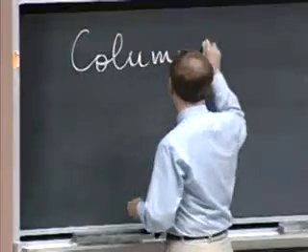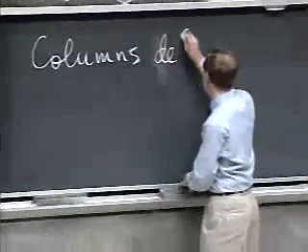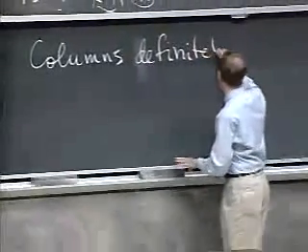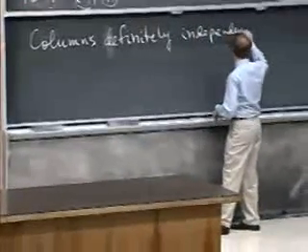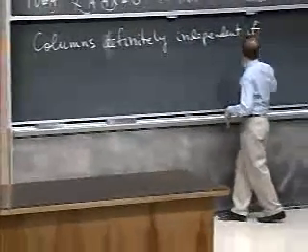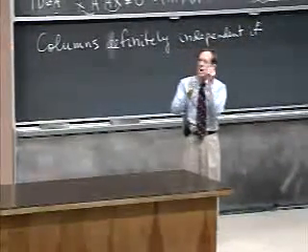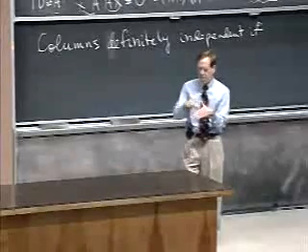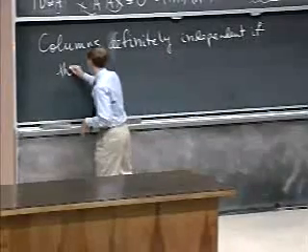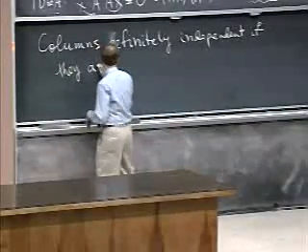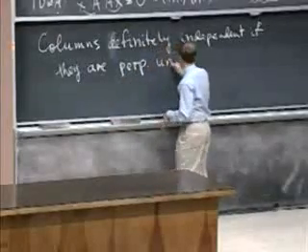Columns are certainly independent, definitely independent, if they're perpendicular. Oh, I've got to rule out the 0 column. Let me give them all length 1, so they can't be 0. If they are perpendicular unit vectors.